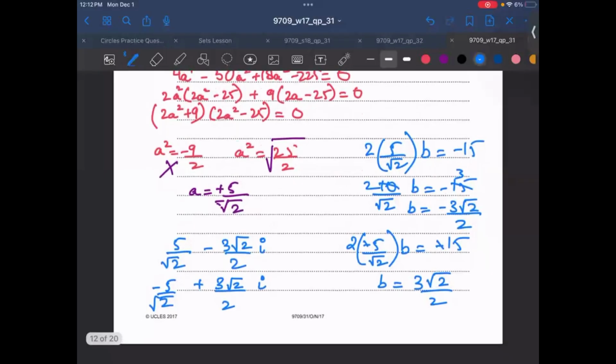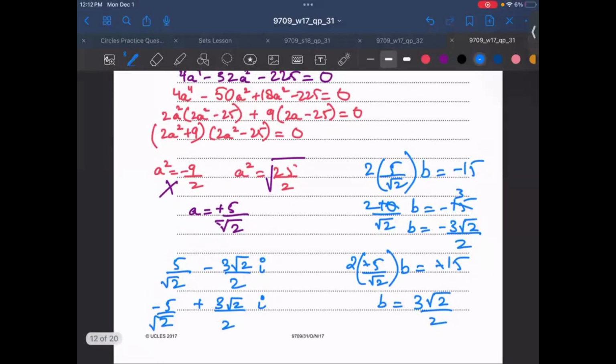And just for clarity, in the mark scheme, the answer is given as plus minus (5 upon root 2 minus 3i upon root 2). When we multiply 3i upon root 2 by root 2 and divide by root 2, we still get the same answer, 3 root 2 upon 2. So this is the same as the answer given in the mark scheme.